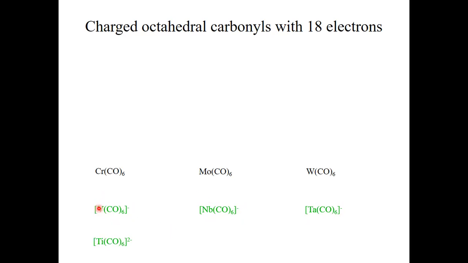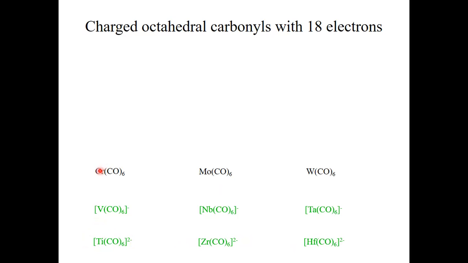The titanium has 1 electron less than vanadium. So in order to realize an 18-electron hexacarbonyl, our carbonyl would need to carry a 2- charge, and indeed such a carbonylate anion is realized in nature. So are the higher homologues, the zirconium hexacarbonyl 2- and the hafnium hexacarbonyl 2-.